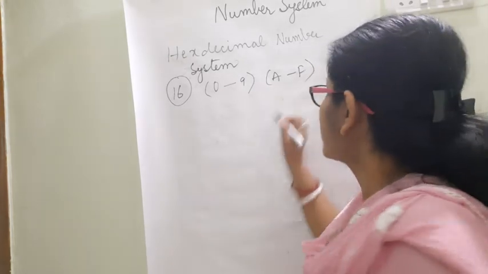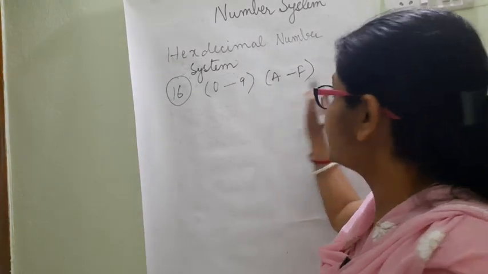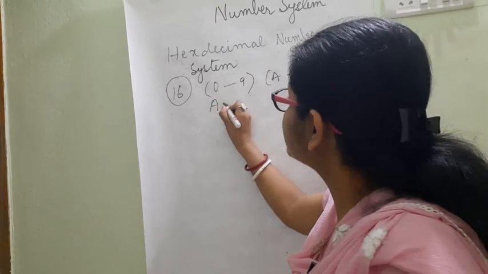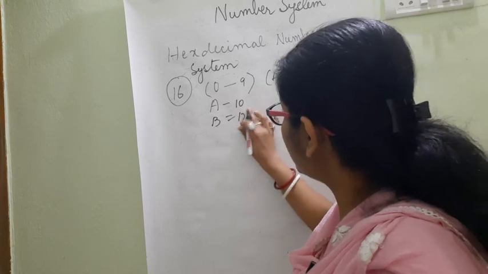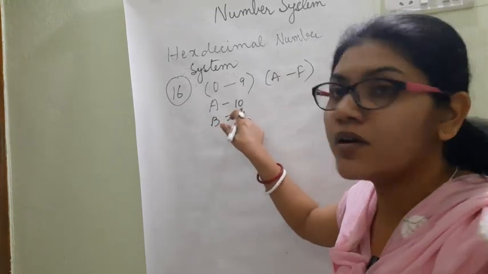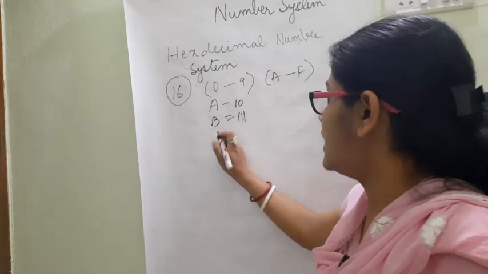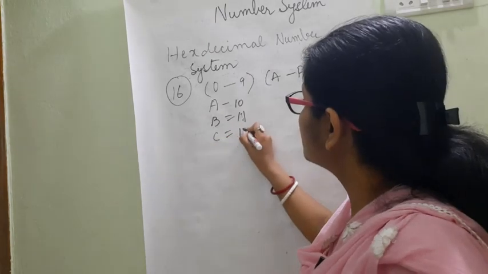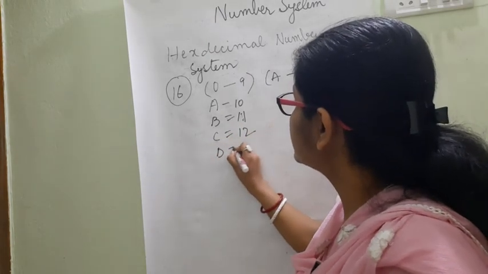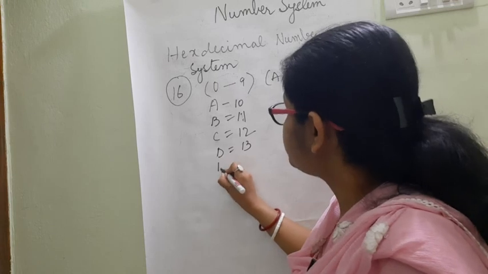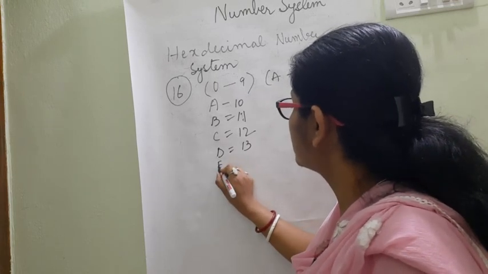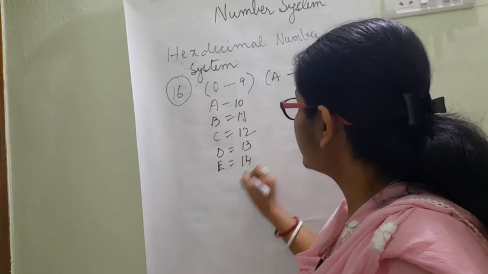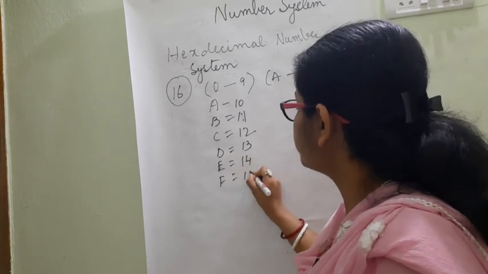Here the alphabets will be counted as 10, 11 and so on. A's value is 10, B is 11, C is 12, D is 13, E is 14, and F is 15.